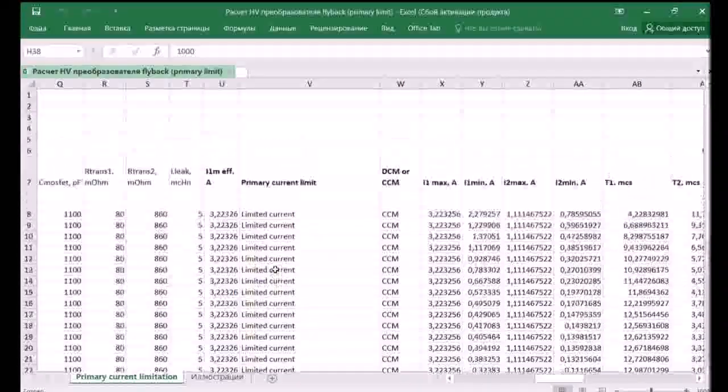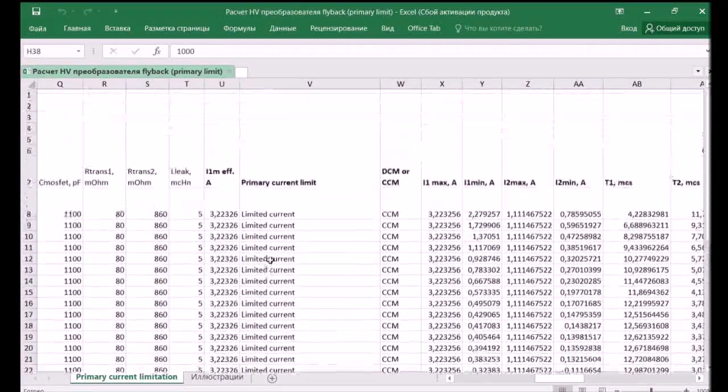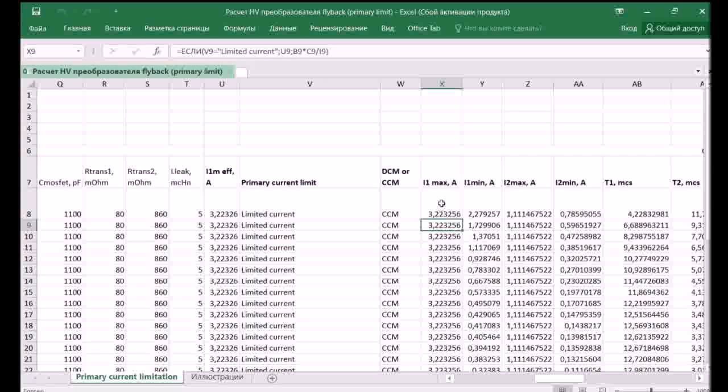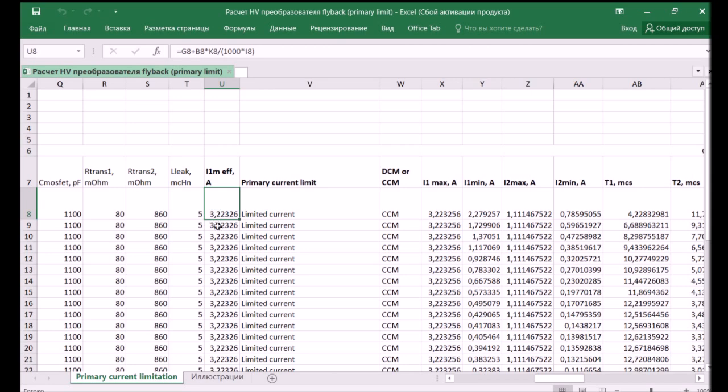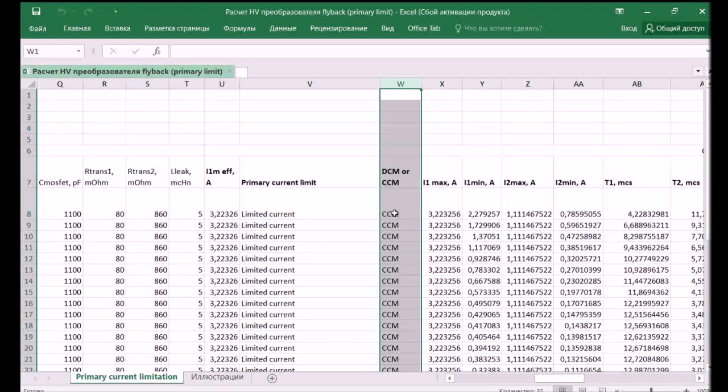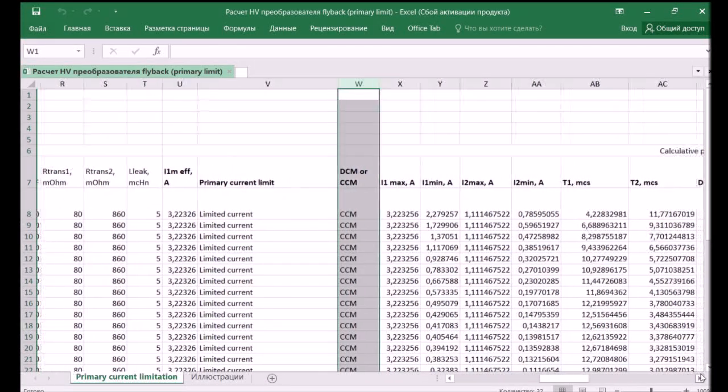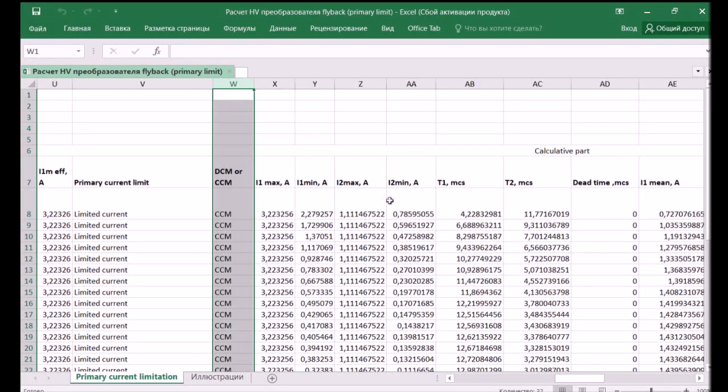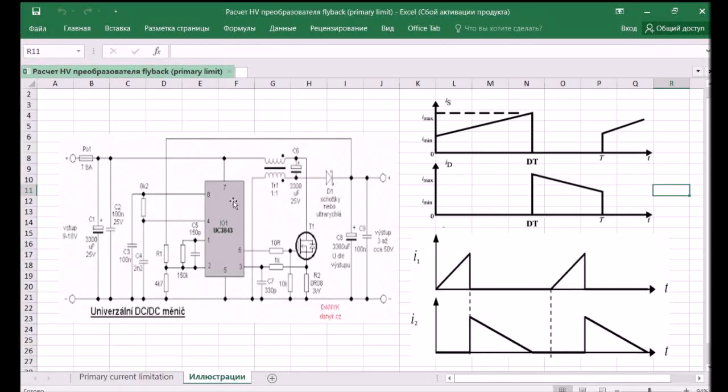In all of the other cases it is limited. It means that maximum current is equal to the effective maximum current in the primary. Then we establish the fact in what mode our converter works, DCM or CCM. Then we can see the maximum and minimum current of primary and secondary windings. These are these points.